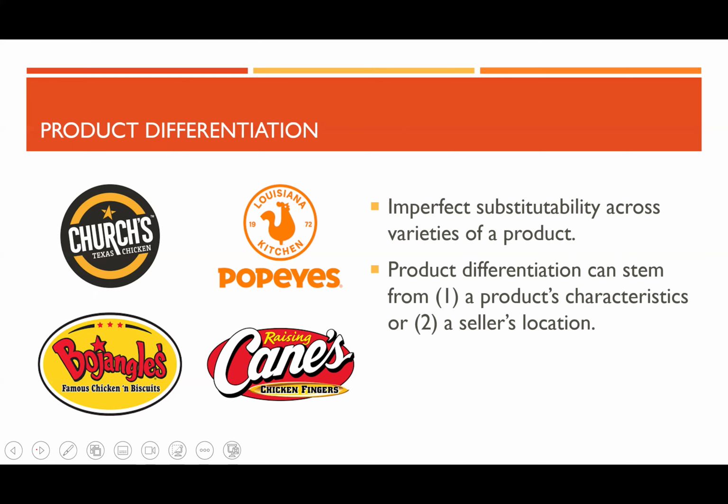You're also going to see product differentiation occur with location. So a Starbucks in the airport is not the same as a Starbucks on campus, is not the same as a Starbucks down the street, right? That convenience means a lot, that closeness to wherever you are and accessibility is going to impact your decision to go to a specific Starbucks over another, right?